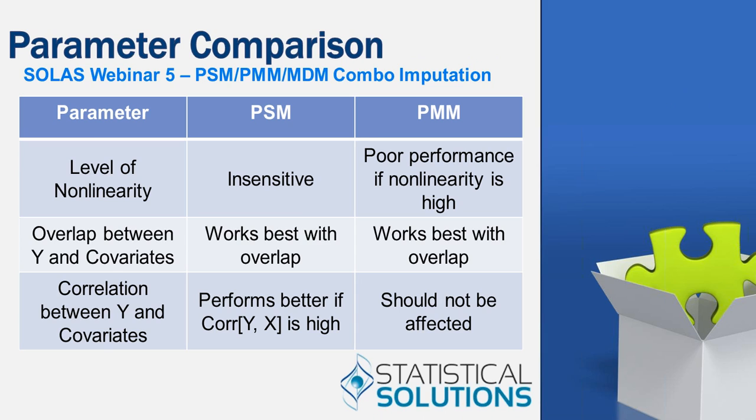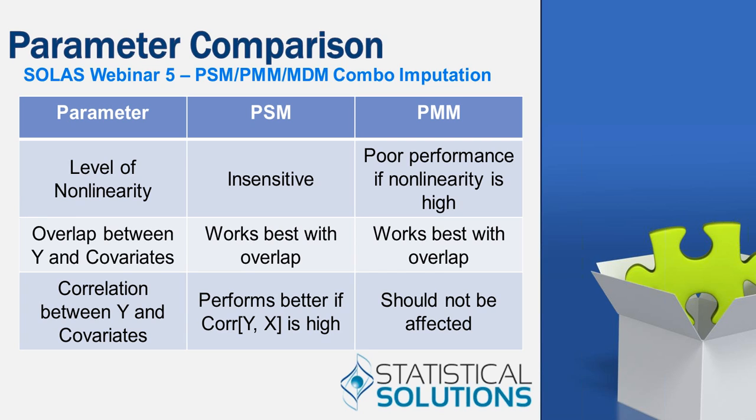If the data is nonlinear, the propensity score matching method is insensitive to the level of nonlinearity, whereas seeing as we're incorporating a linear regression model into the predictive mean matching method, a poor performance exists if nonlinearity is high. So it is quite robust to nonlinearity, but if nonlinearity is high, then a poor performance will exist.